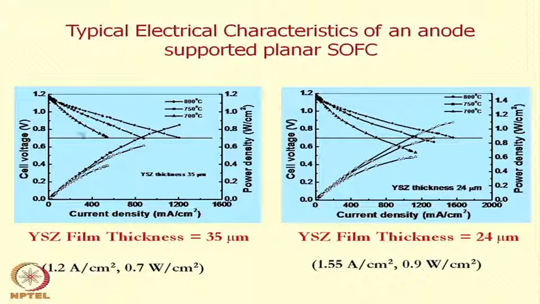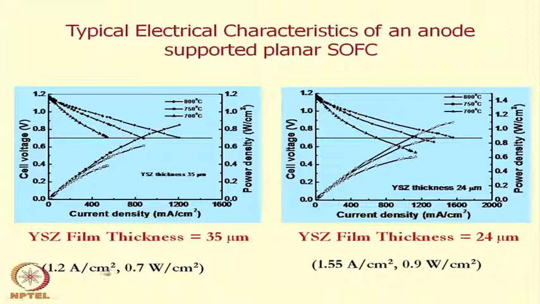As soon as the current is drawn from the cell, the voltage drops below the open circuit voltage, and somewhere here you get the operating point. It is a standard practice that at about 0.7 volt, whatever the current is drawn is the operating current. So, with this consideration one gets about 1.2 amps per centimeter square at 0.7 volt, that is 0.84 watt per centimeter square.